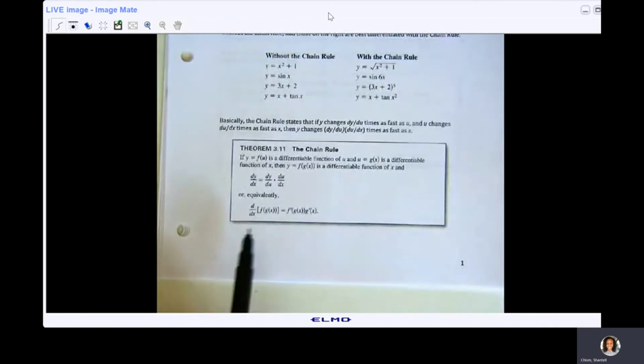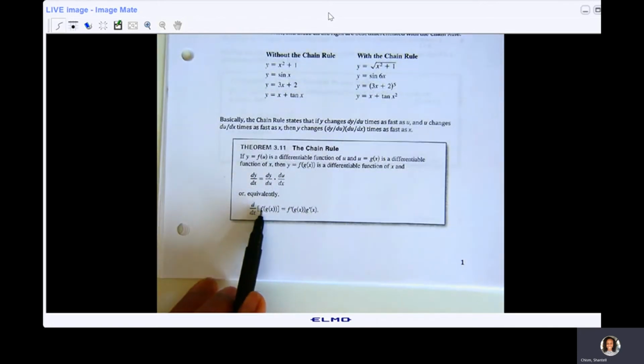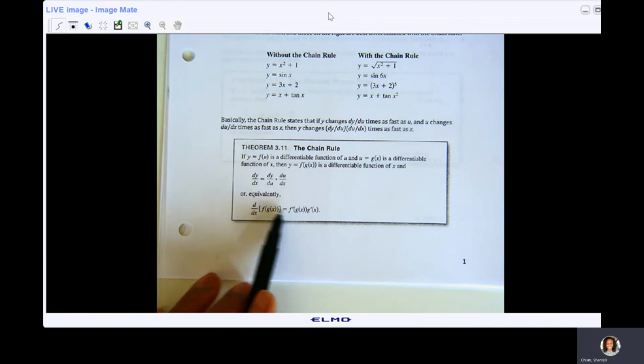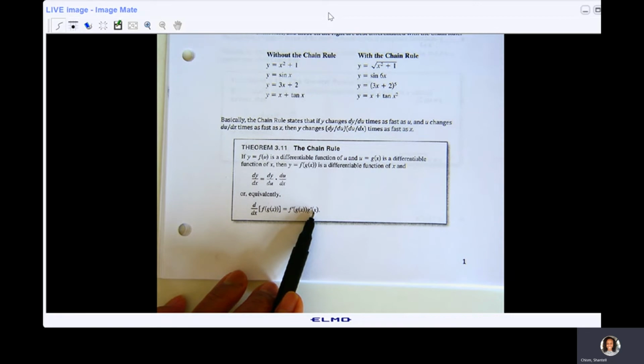Let's look at it like this. Derivative of the function with respect to x. And the function is composite, f of g of x. So f is the outer function and g is the function within x. So the first thing you would do is take the derivative of the outer function f, keeping the inside the same, and then times the derivative of the inside.